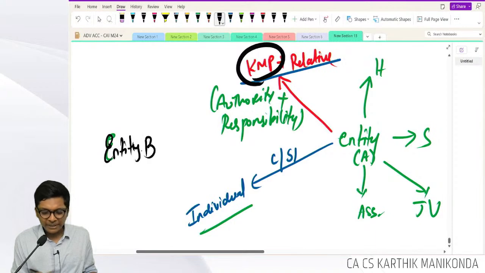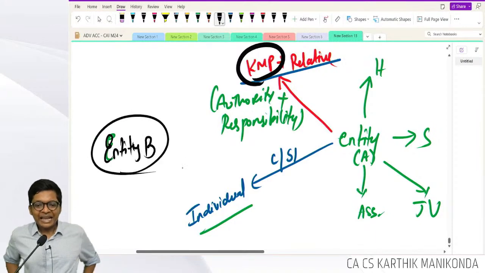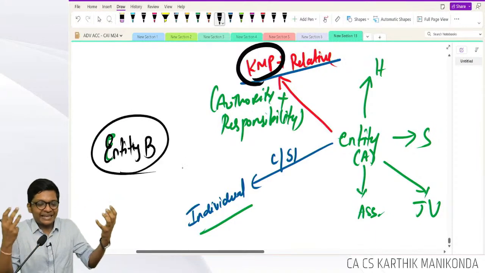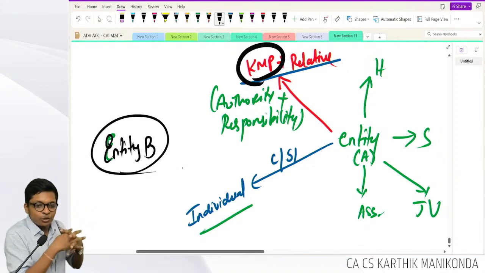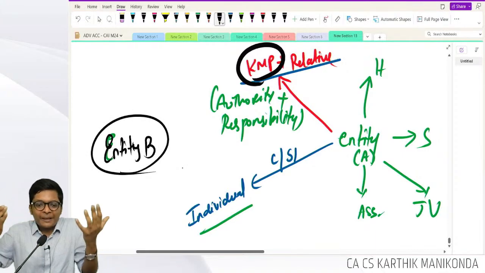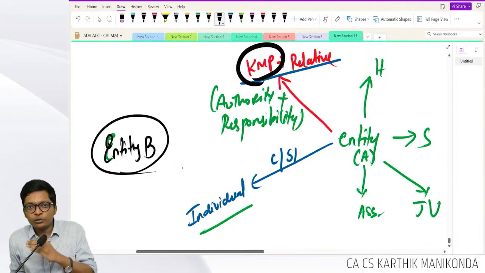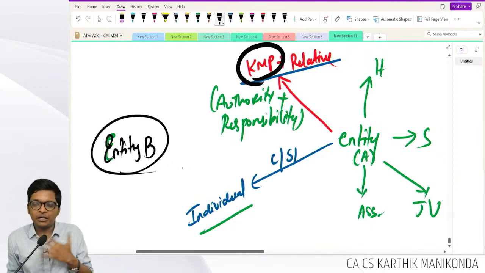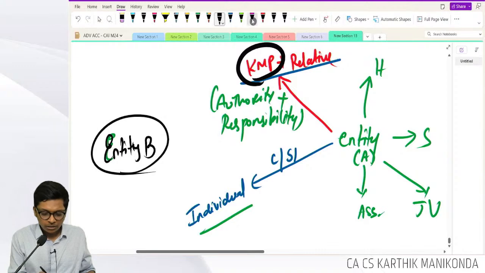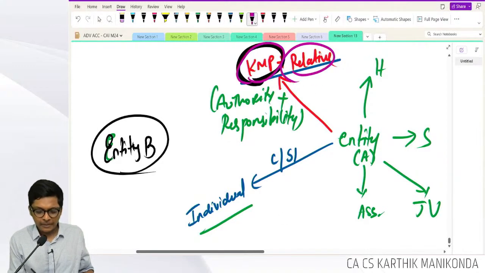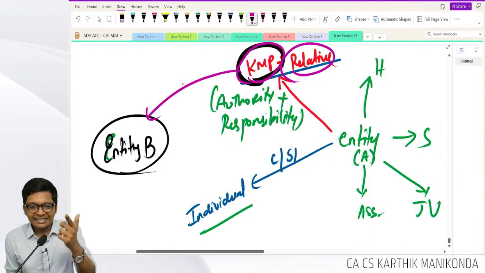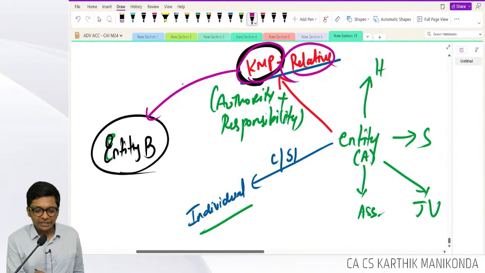We also have entity B. Okay. Entity A and entity B, there is no connection. They are two separate entities. Entity A can be in US, entity B can be in China. But follow, this KMP and this relative is also a KMP and relative in this entity B. Look how beautifully it comes.